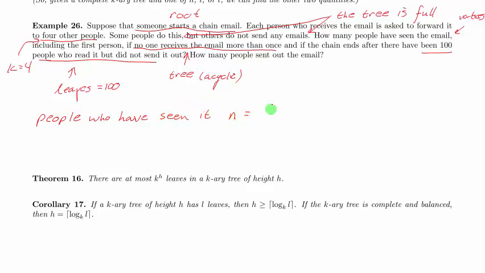So using the formula above, we're going to have 4 times 100, our K value, times the number of leaves, minus 1, and then dividing that by 4 minus 1. That's going to give us 133 people who have seen the email. And then if we want the number of internal vertices, those will be the number of people who sent it on to someone else.